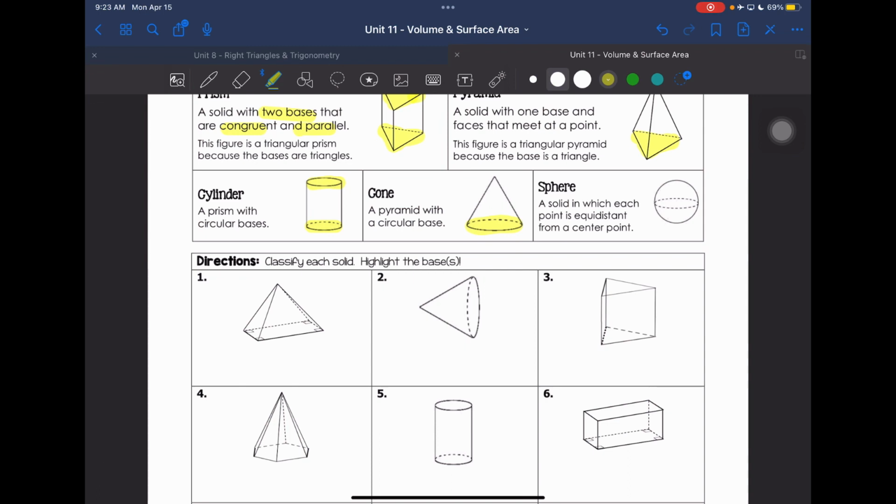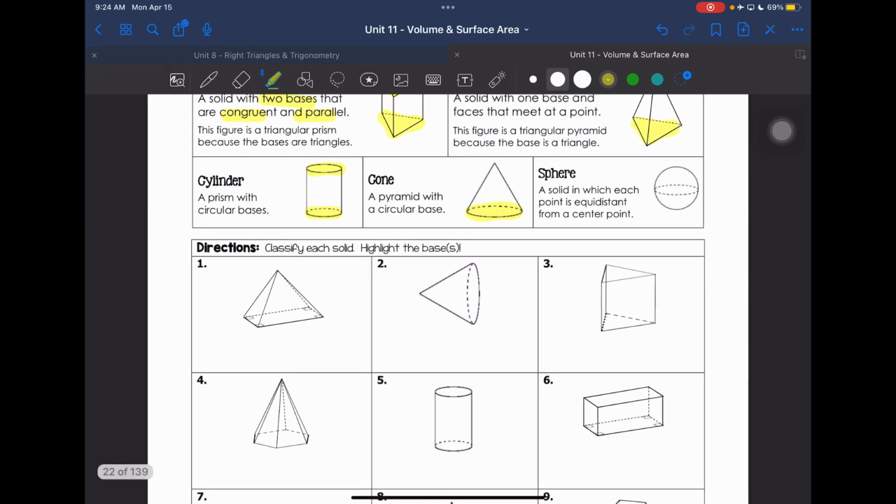So in the next couple of problems, we're just going to classify each solid, and we also have to highlight the bases. So number one, I would start by highlighting this, and that is my base, which tells me what type of pyramid this is, because I can tell it's a pyramid. All the sides meet at one point at the top, and because my base is a rectangle, I would call this a rectangular pyramid.